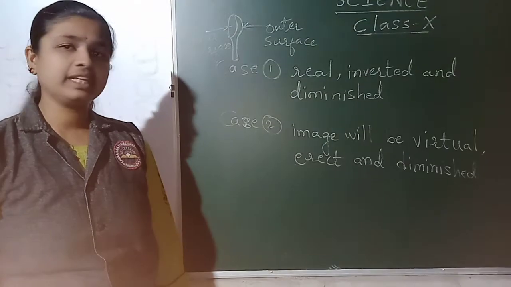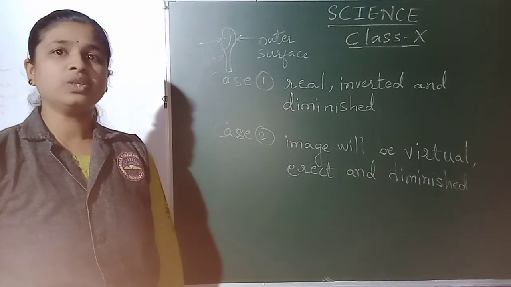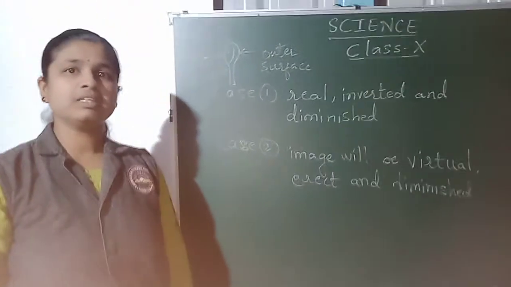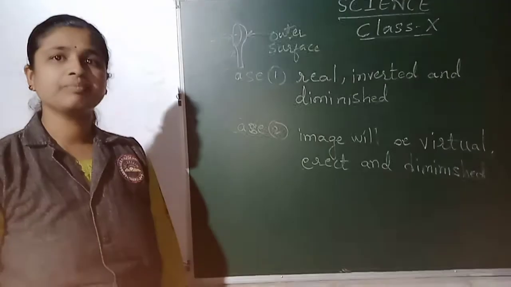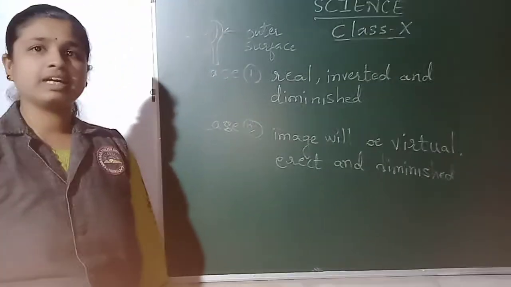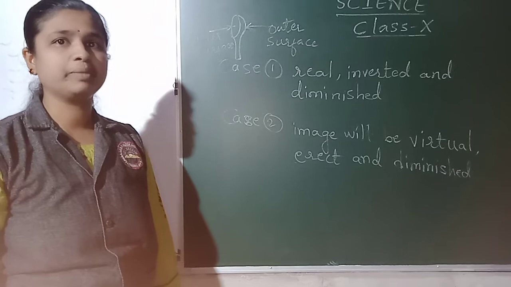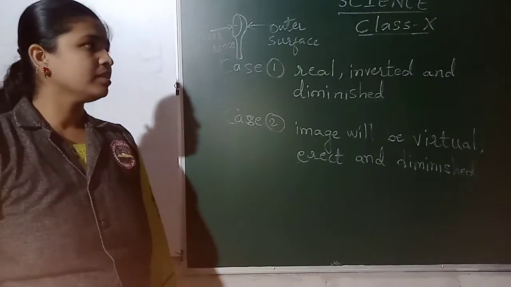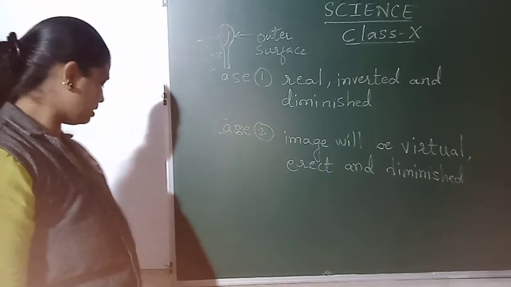The reflecting surface of such mirrors is considered to form a part of the surface of a sphere. Such mirrors whose reflecting surfaces are spherical are called spherical mirrors. Today we will learn about the spherical mirrors.